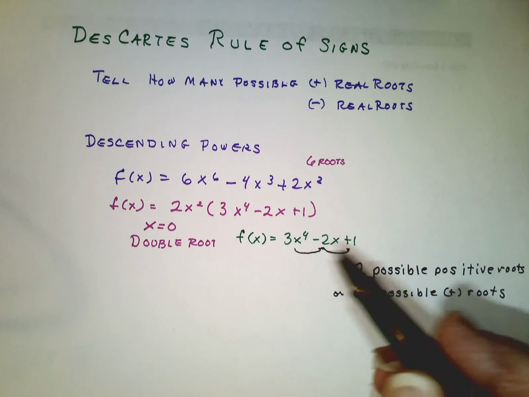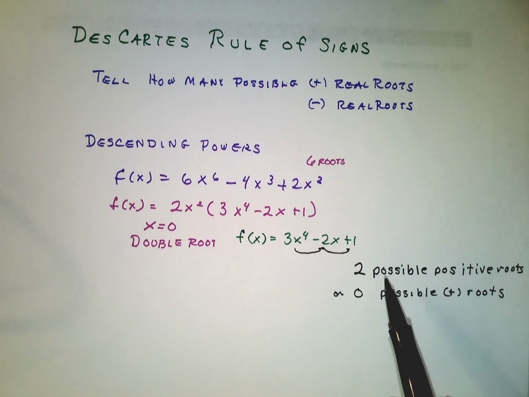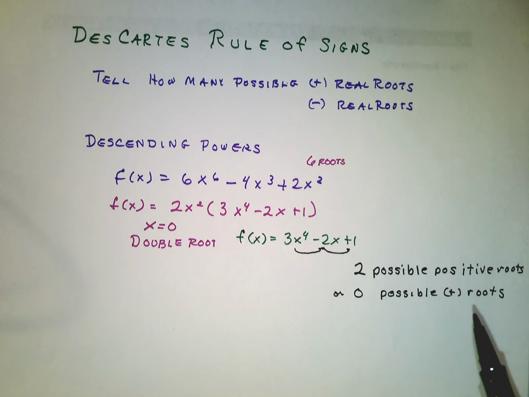So maybe the whole thing is going to intersect the x-axis in 2 positive x values, or maybe no positive x values.